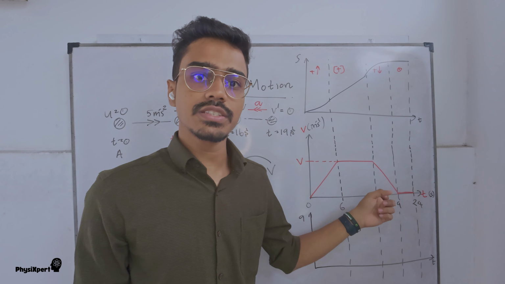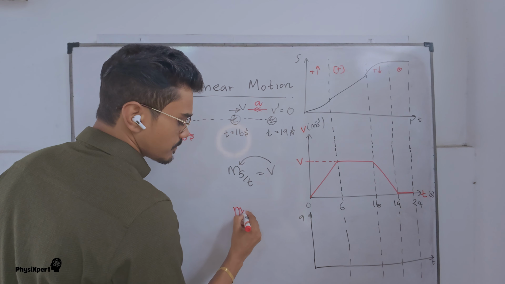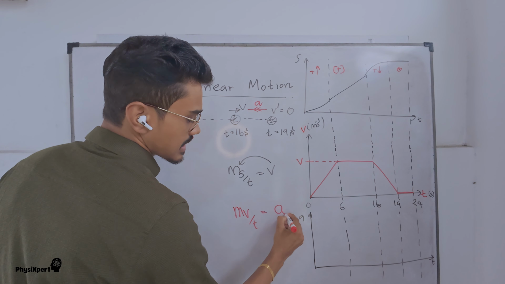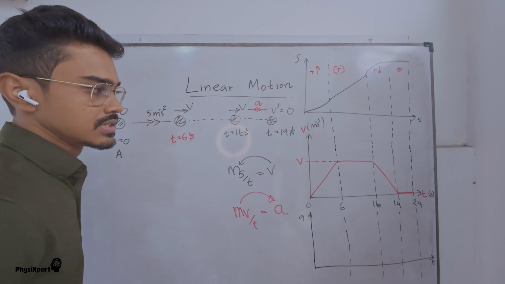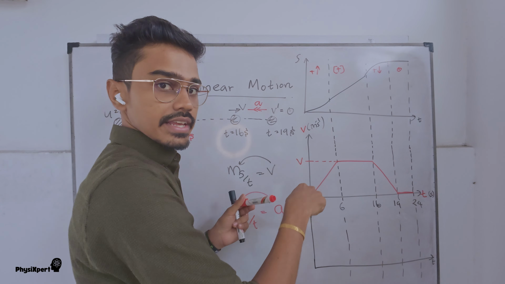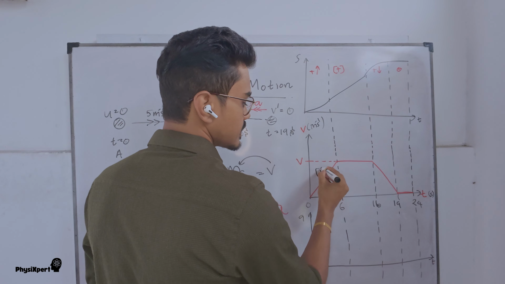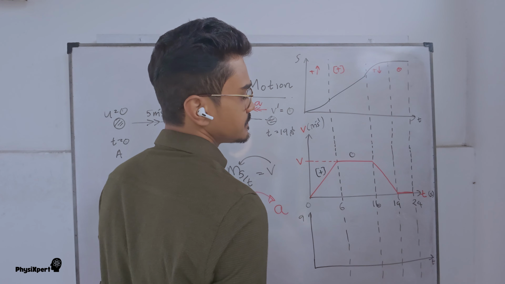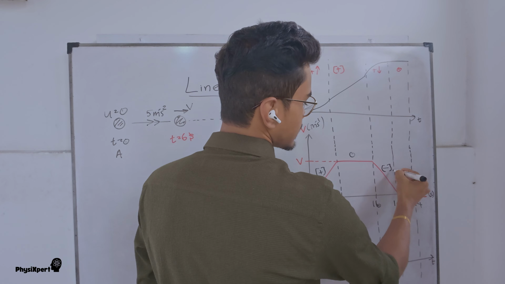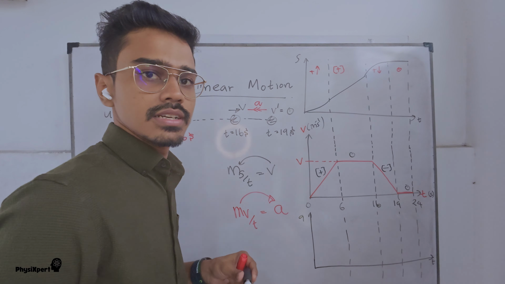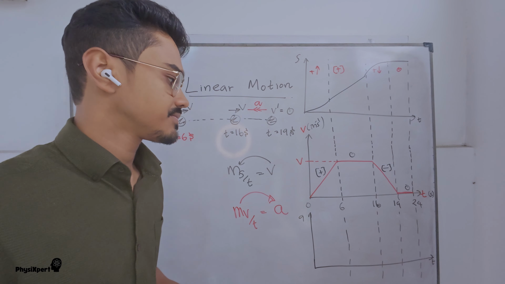Now if I convert this VT to AT, this is the relationship we have. The gradient of VT is acceleration. Knowing the gradient of VT, convert it to acceleration. Now check the gradients of VT. This gradient is a positive constant gradient, this is a zero gradient, this is a negative constant gradient, and this is again a zero gradient. What happens with the gradient of VT will be the acceleration.